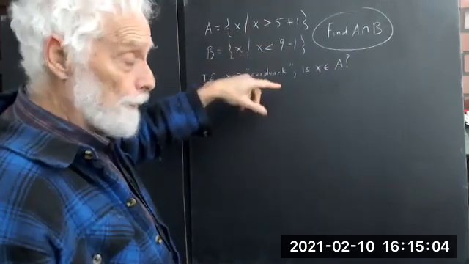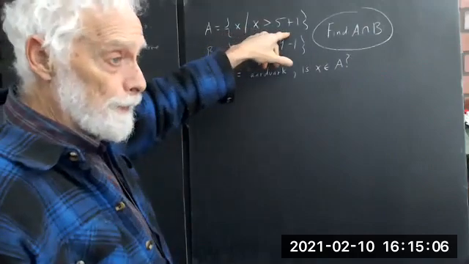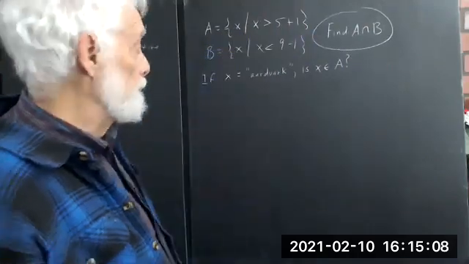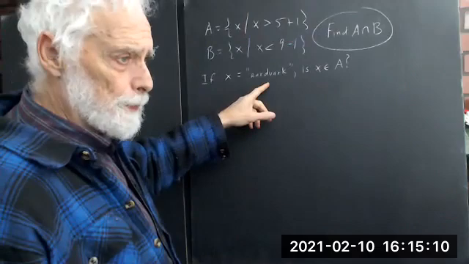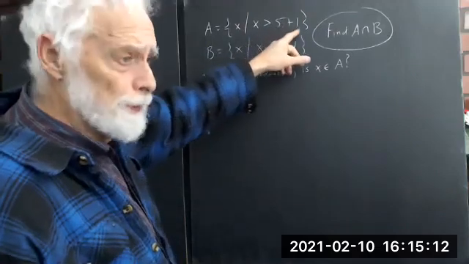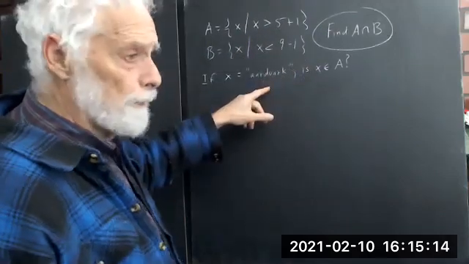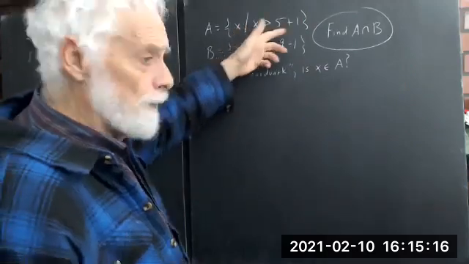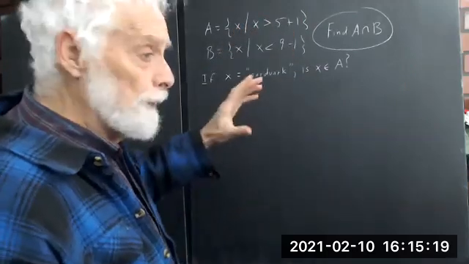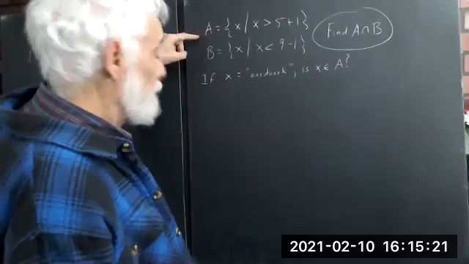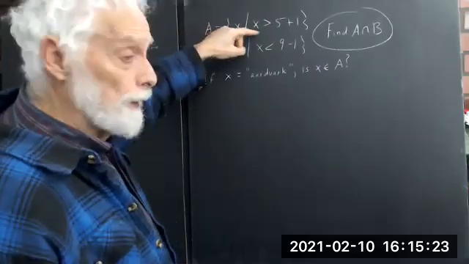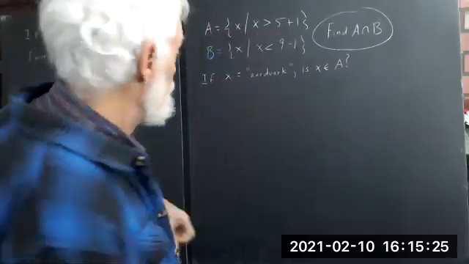X is in the set A provided it's greater than 5 plus 1, which would be greater than 6. But aardvark is a word. This is a number. So clearly aardvark is not even a candidate for being in this set. But we have a test. The point is that there's a test for whether a given thing is in the set or not.